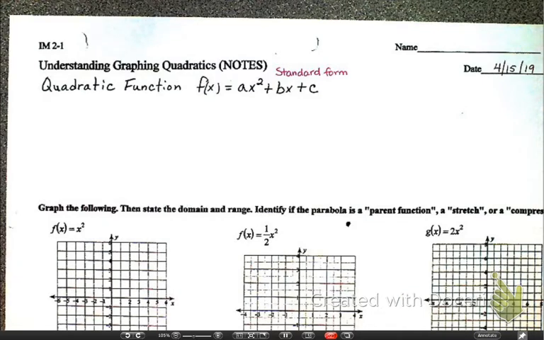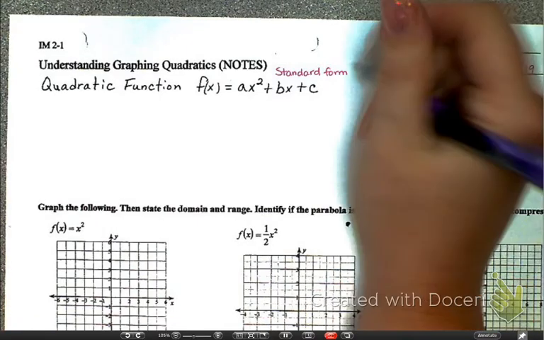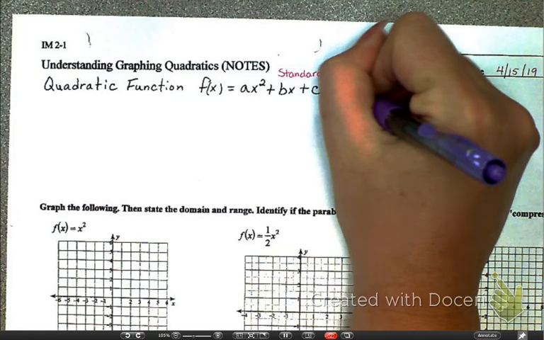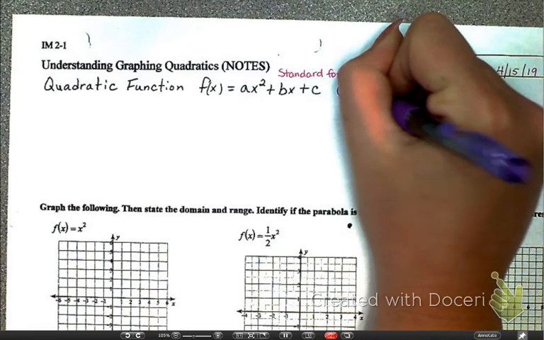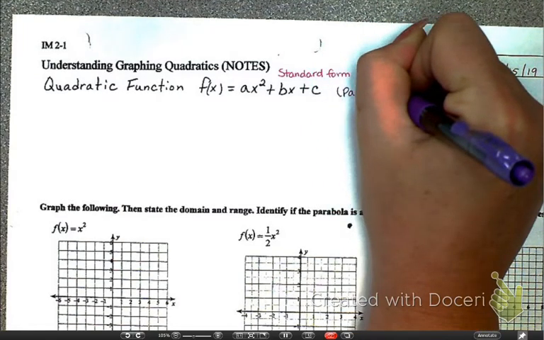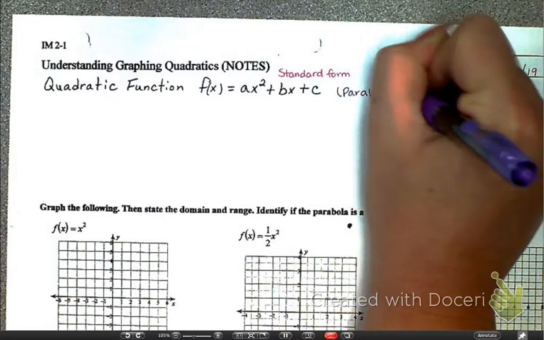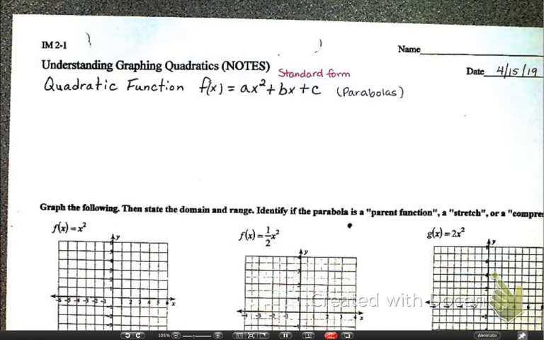Okay? Now, all of our graphs for this entire unit will be parabolas, which you saw on that Desmos activity. What shape was a parabola? A square? Okay, so a U, right?